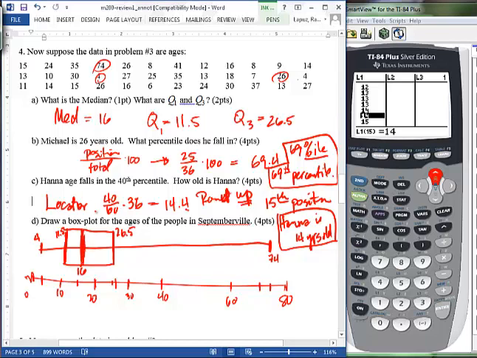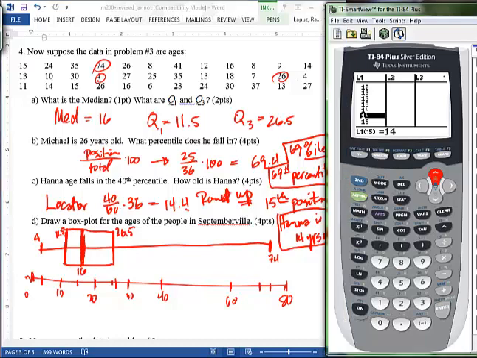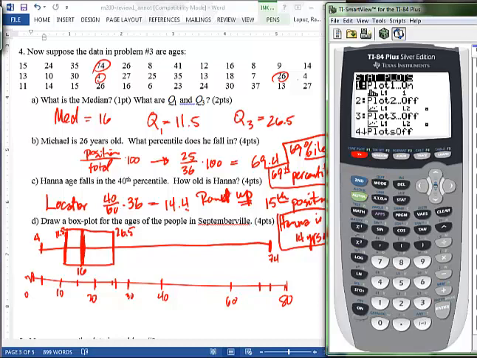So here is our box plot, which by the way you can also obtain using a calculator. Let's do that really quick. Let's do a second function and stat plot. Let's just use the first plot since it's kind of already set up. So let's hit enter.